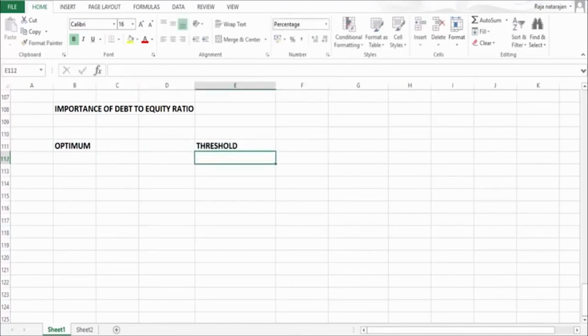Optimum ratio is the ideal ratio which every company should be aspiring for, whereas threshold ratio is the maximum beyond which no company should cross. That is, if the ratio touches this level, then it indicates that it is actually a danger line.